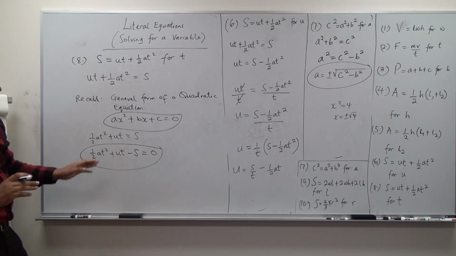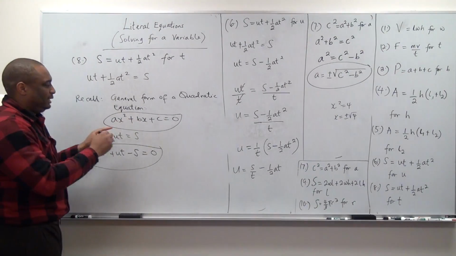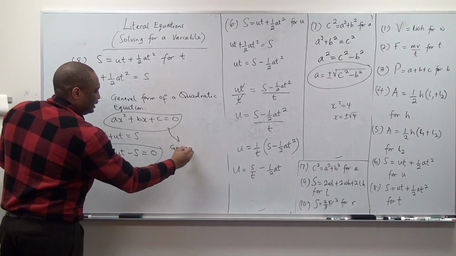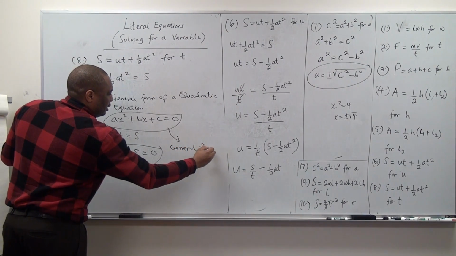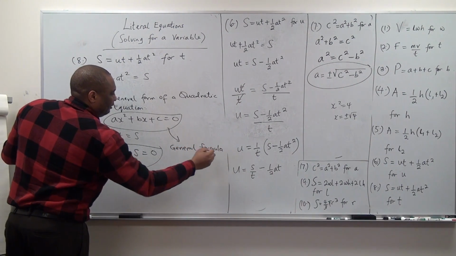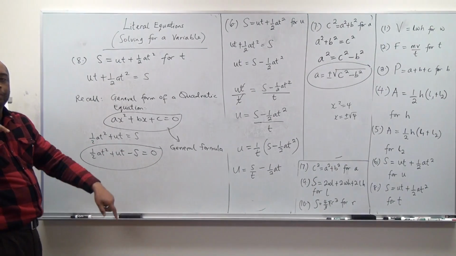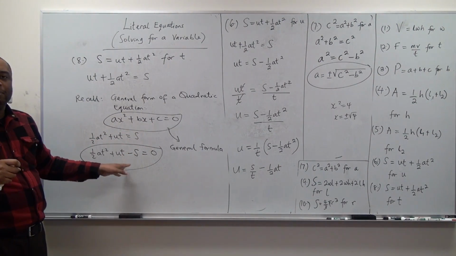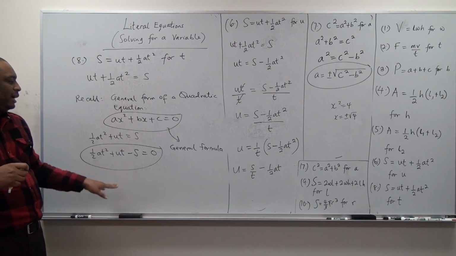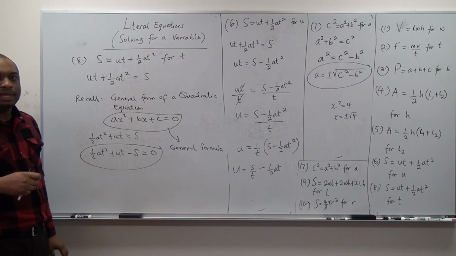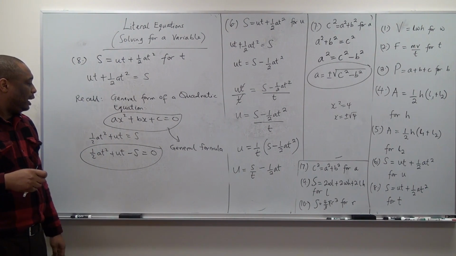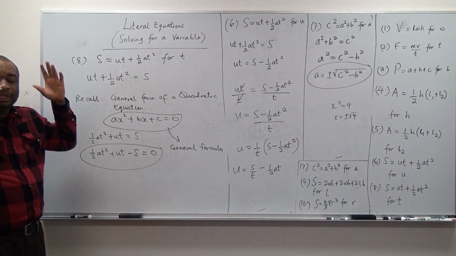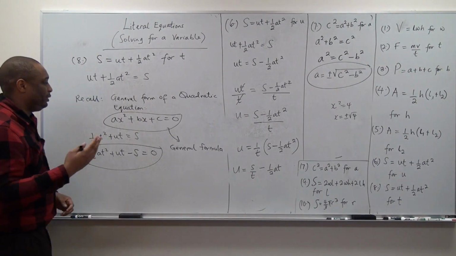For the general formula, I would like you to view the video on solving quadratic equations using the general formula. It will just waste time if I start factorizing this, and I don't want to get you confused.